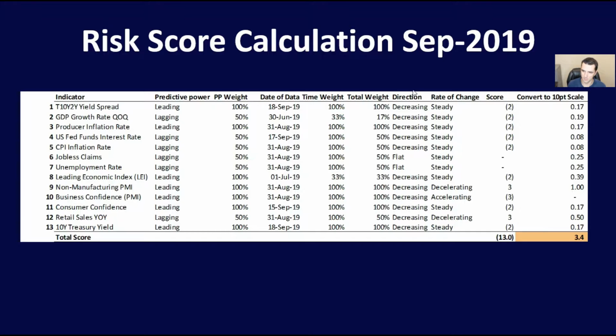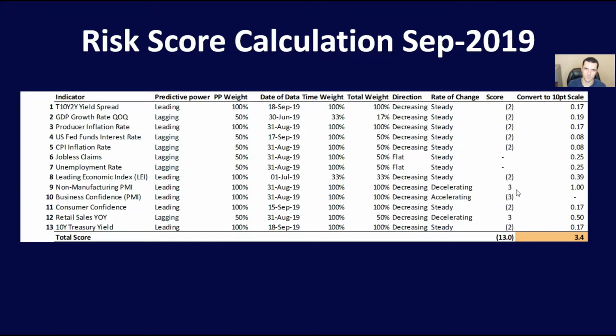From there I look at the direction and also the rate of change of the indicator. A cornerstone of how I look at this data isn't just whether it's increasing or decreasing, but whether it's accelerating or decelerating or just staying flat and steady. That produces a score.